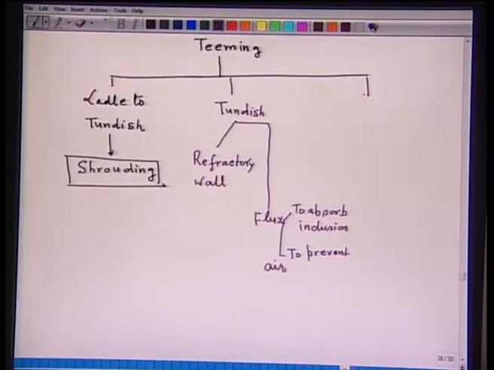Now, the next point which can be controlled is from tun dish to mold. Because molten steel is poured from tun dish to mold, and there are several places where inclusion can occur.